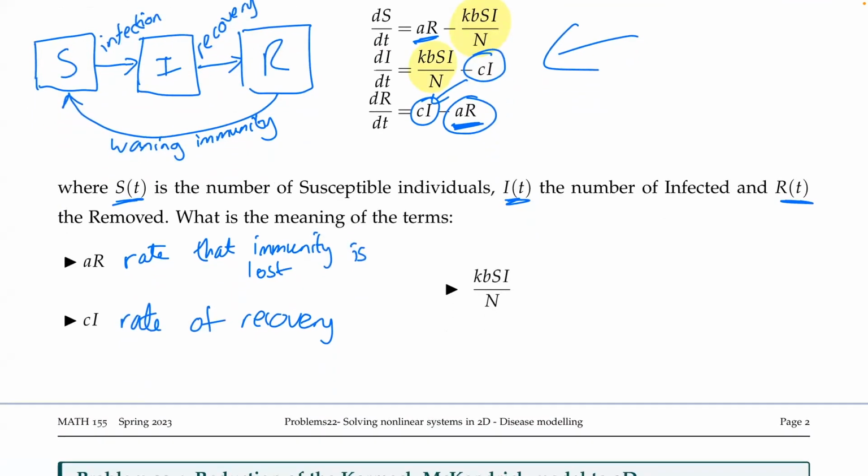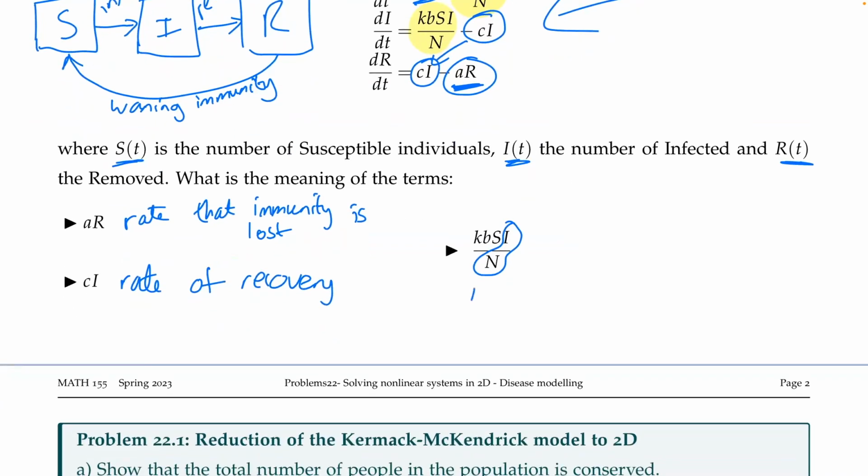Let's break this down. So if we think about this I over N term, this is telling me the fraction of the population that is infected. So this turns out to be our probability that when we come into contact with someone, they're infected.